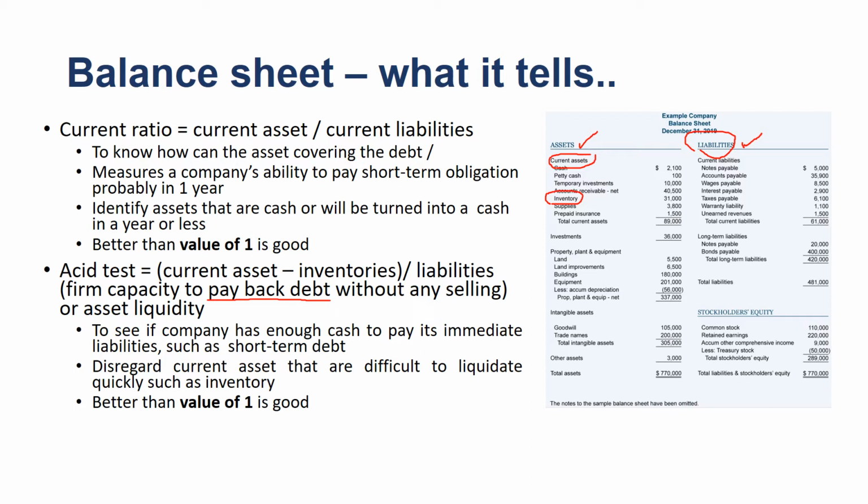So this will help us to see if the company has enough cash to pay its immediate liabilities such as short-term debt, and also will help us to disregard current assets that are difficult to liquidate quickly, such as inventory. And a value better than one is good for that company.